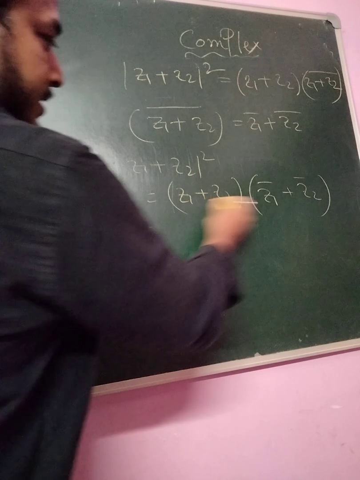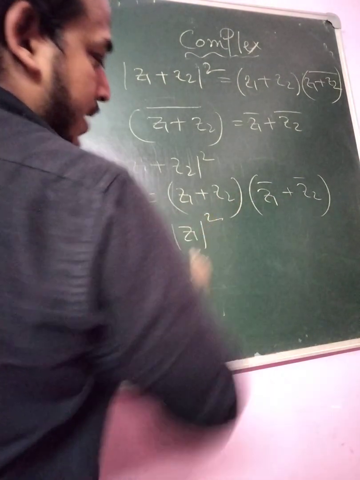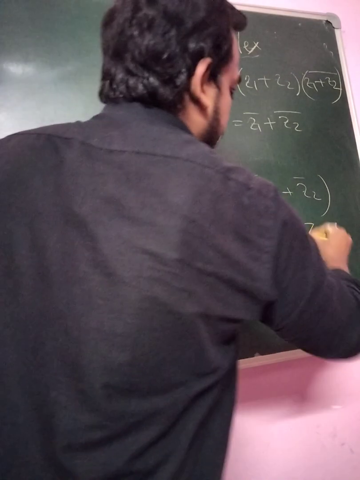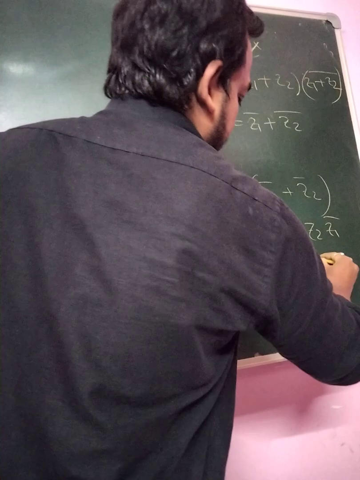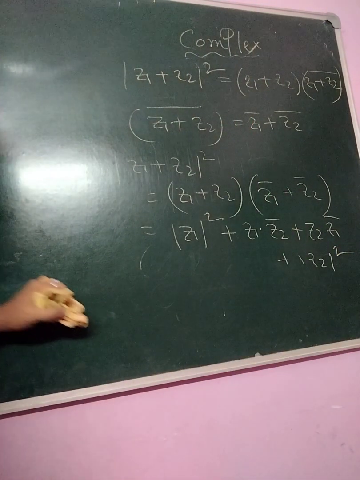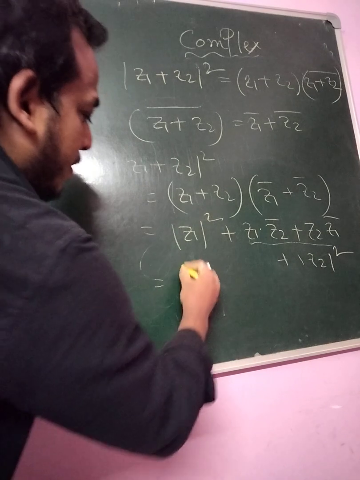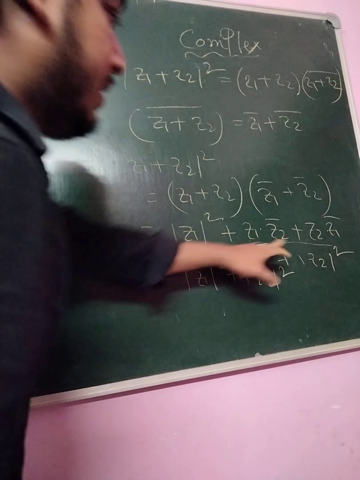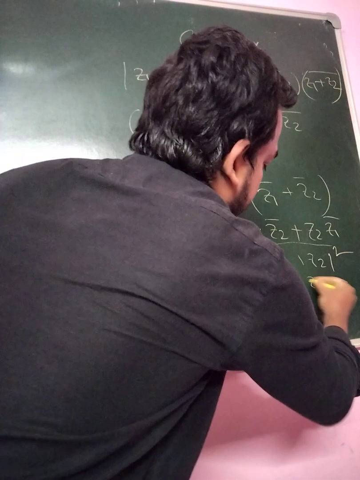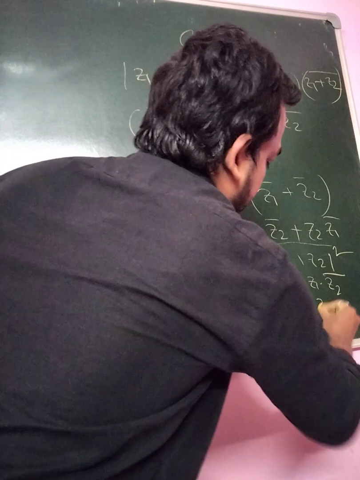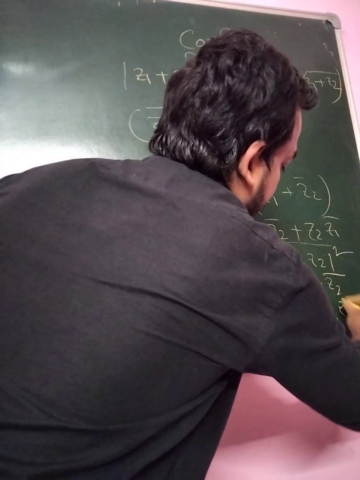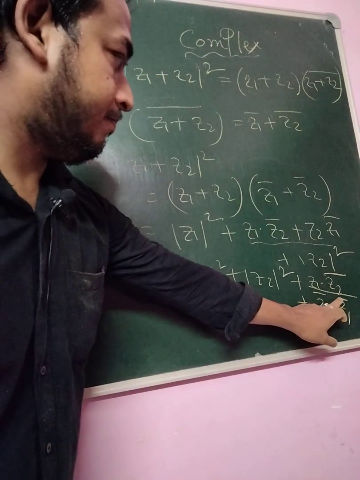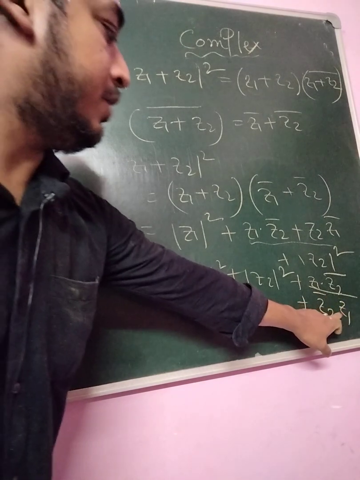Now just multiply. This is z1 into z1 bar, that means mod z1 square, z1 into z2 bar, and z2 into z1 bar, and the last one is mod z2 square. Now this can be written as mod z1 square plus mod z2 square. Now you see that this term, z1 into z2 bar, and this last term can be written as z2 bar into z1 whole bar.